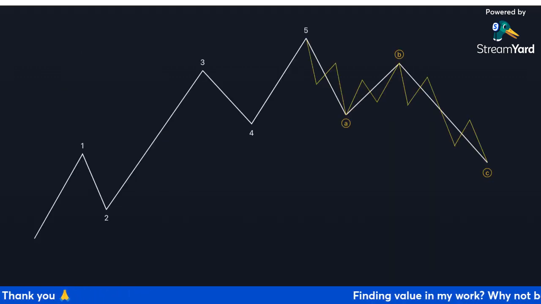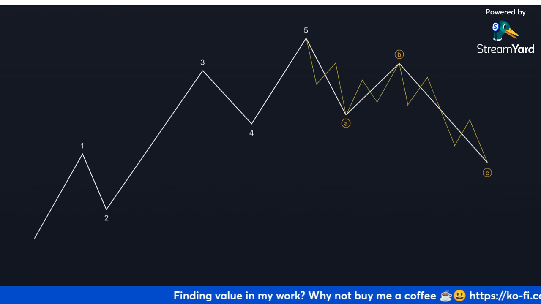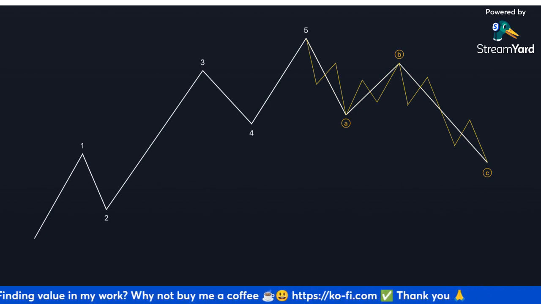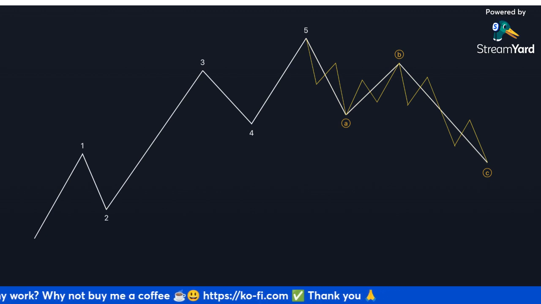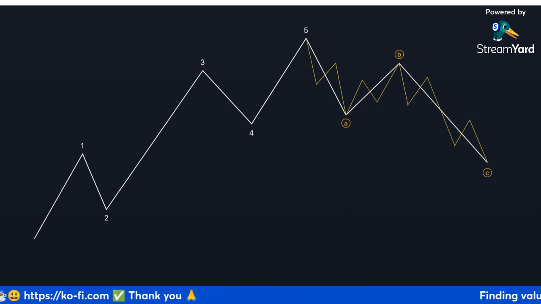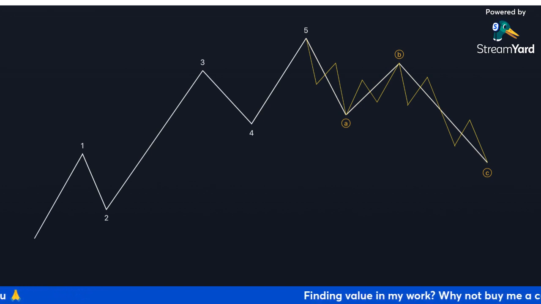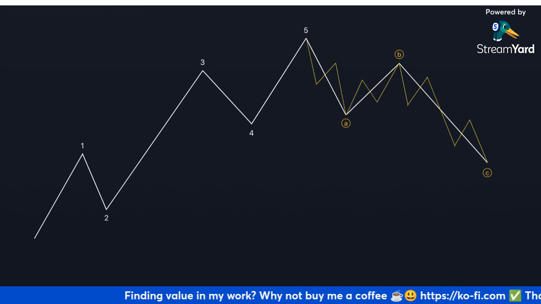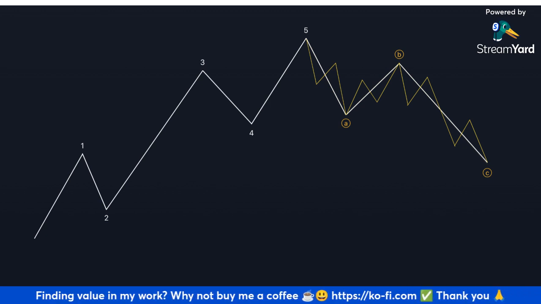So now I want to come back to this chart to show you, just again, to reiterate, this is a flat correction, which shows you 3 down for the A wave, right? I just showed you a zigzag. This is a flat, 3 down for correction, 3 up for B wave, and 5 down for a C wave.